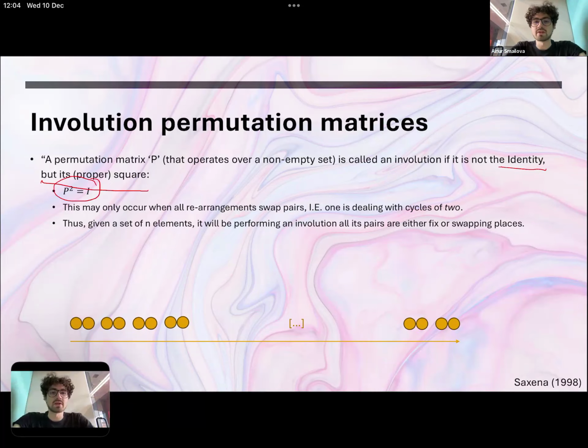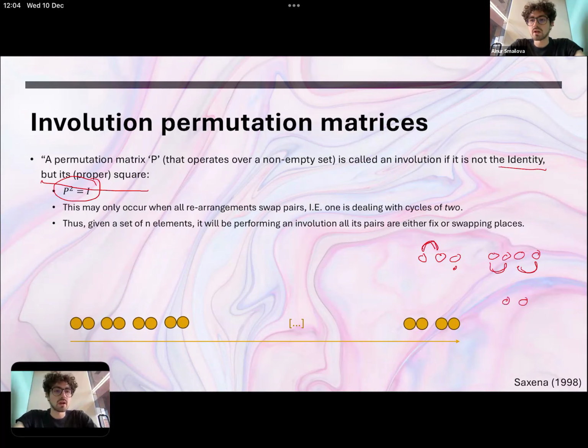The way that happens is, if I have any number of elements, only two can trade places with each other and maybe one will stay fixed. Or if I have four elements, these two can be trading places, or I can have the other two elements trade places. But the one thing that cannot happen is having three elements, because this would yield a cycle of three, and then it would not be a proper square root.